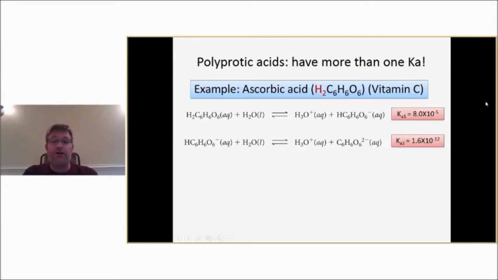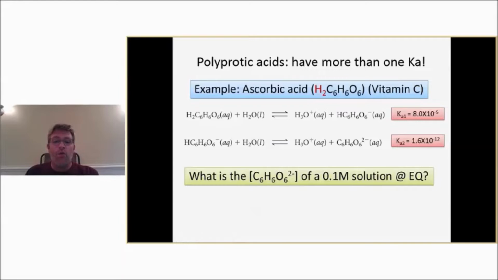So the question is, what is the concentration of C6H6O6 2 minus in a 0.1 molar solution at equilibrium? In other words, how do we take both equilibria into account in order to find answers relating to the overall system?